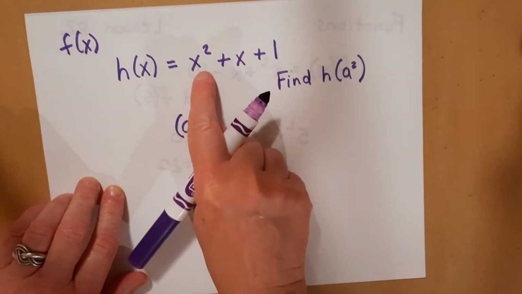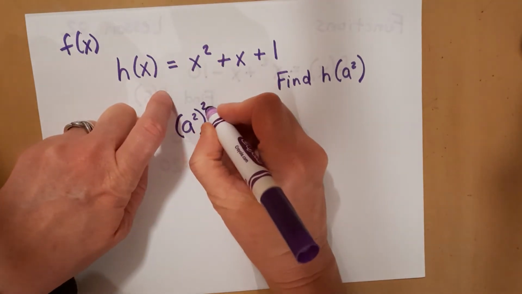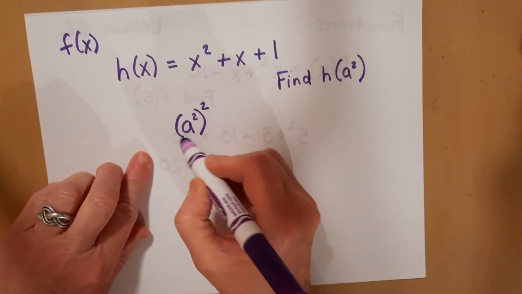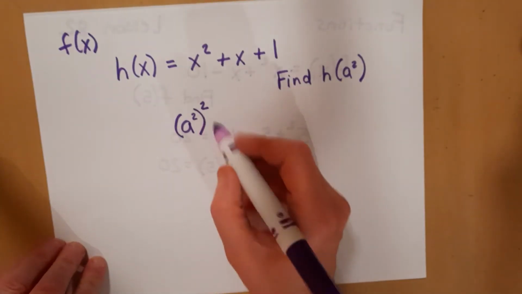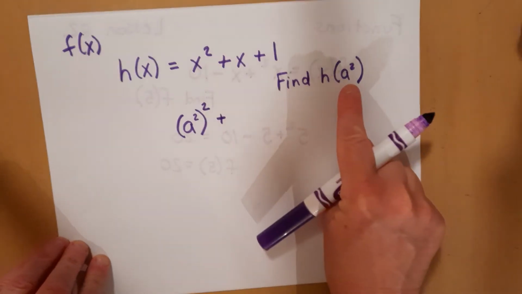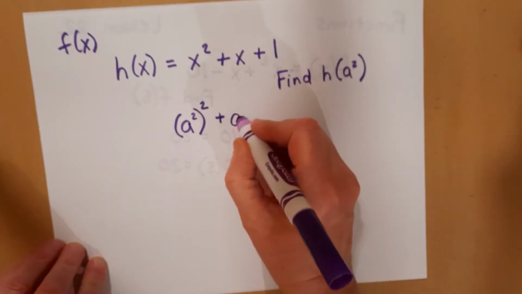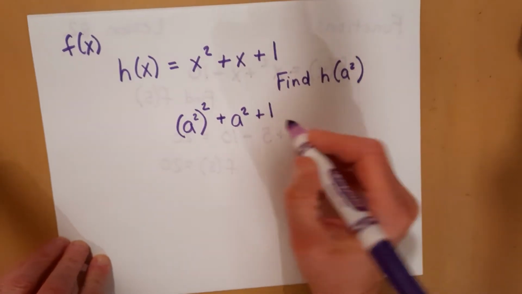We're putting a squared in for x, so then we have to square that. This whole thing right here is going in for x, and x is getting squared. Then we have to add what is going in for x. A squared is going in for x, so we'll need to add an a squared, and then add 1 to that.